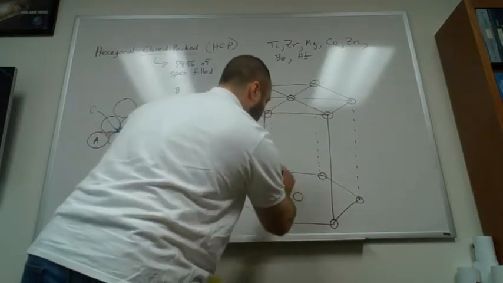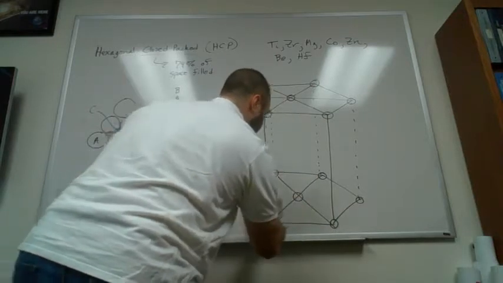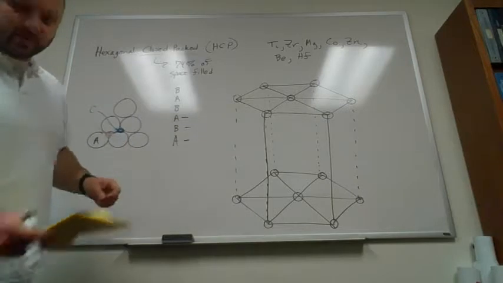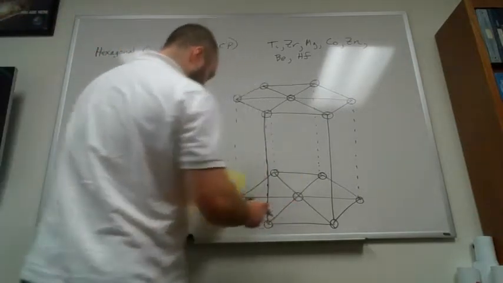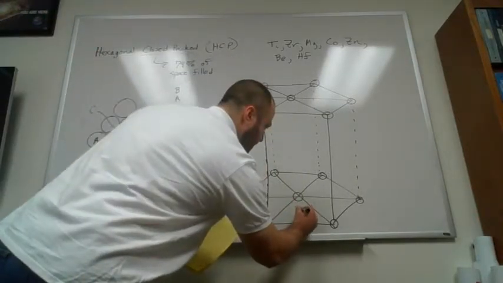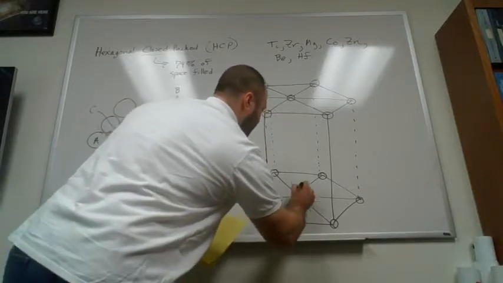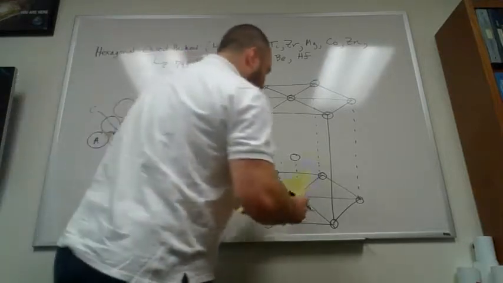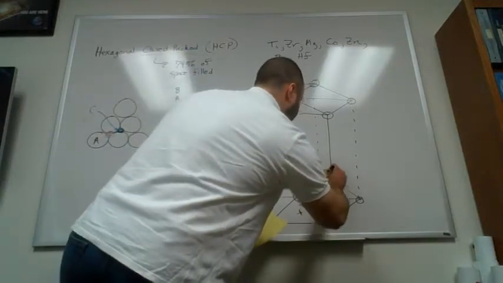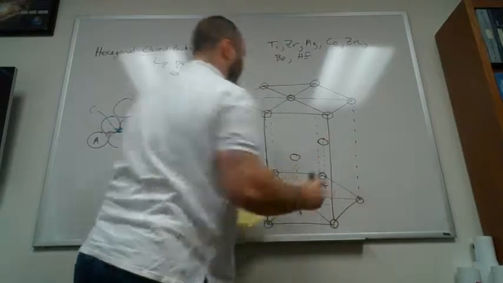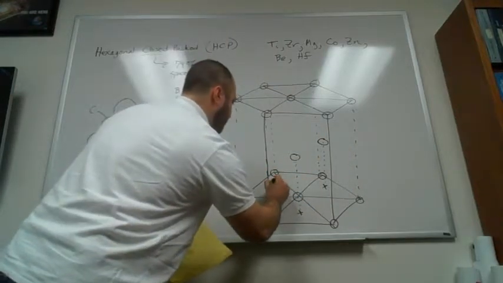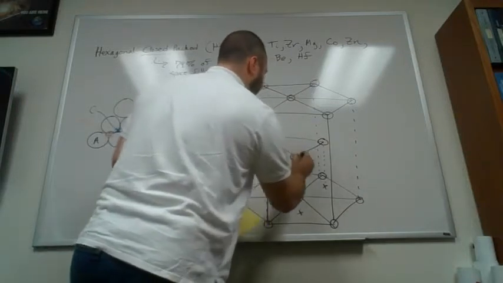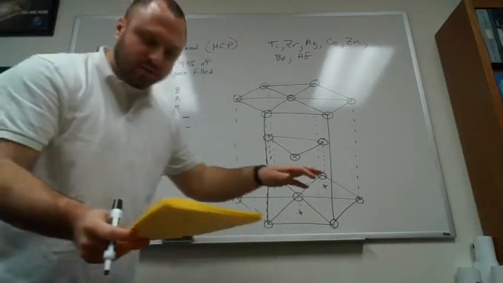I have to put my atom in the middle and connect everything. Okay? But I also want to draw this B that's in the middle. So what I'll do is I'll have one atom that's above this point, halfway up. Another atom that's above this point, halfway up. And then a third that's above this point, halfway up. And I'm going to connect those just so we remember that they're all in the same plane.